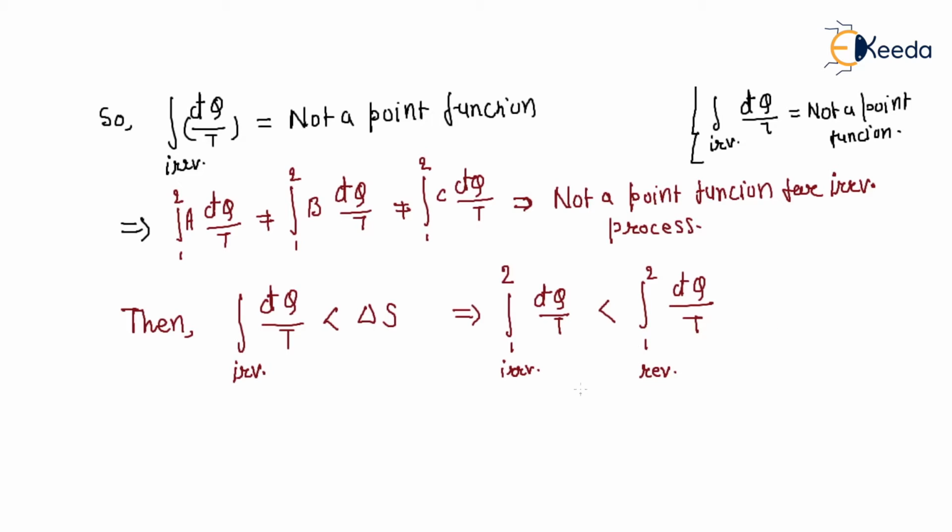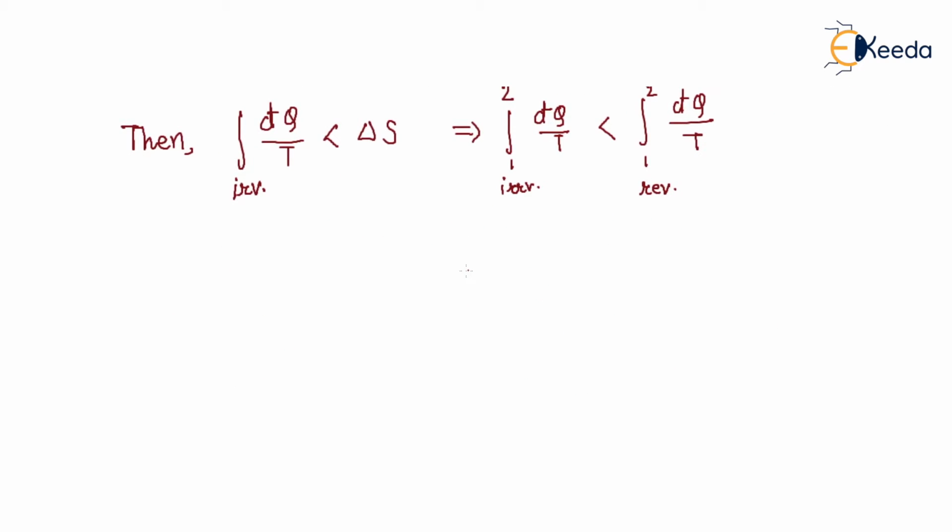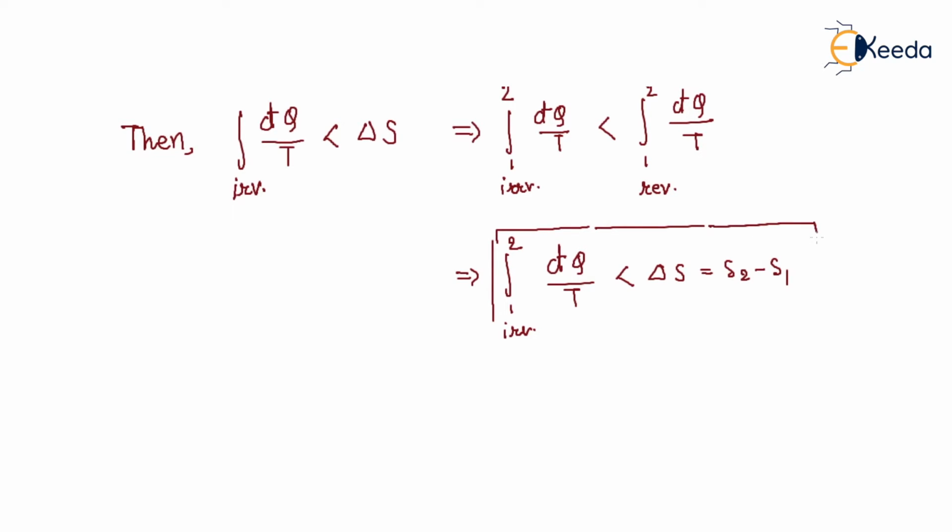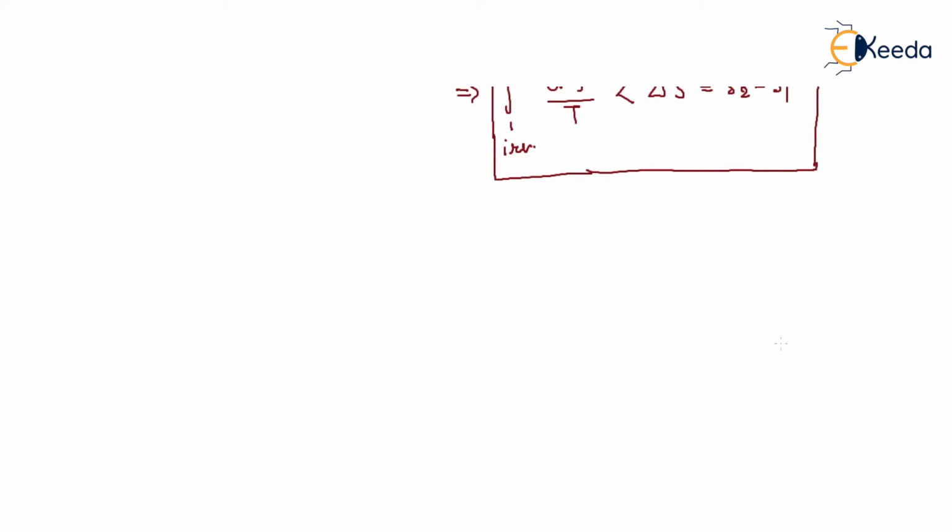So we can write the integration from 1 to 2 for irreversible dQ by T is less than delta S. That means S2 minus S1, right? So it is always less than delta S for a reversible path, for an irreversible path. So we can prove it like that.